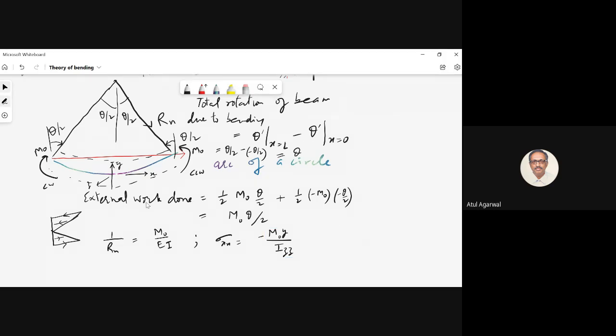Now let us see if we can find the external work done. Now this is our R neutral. Can you find the angle theta if we know the radius of curvature?